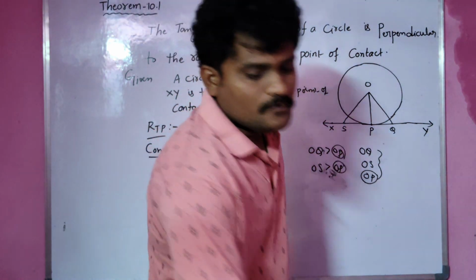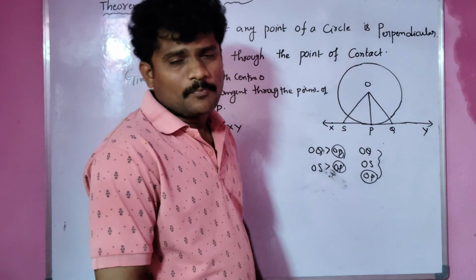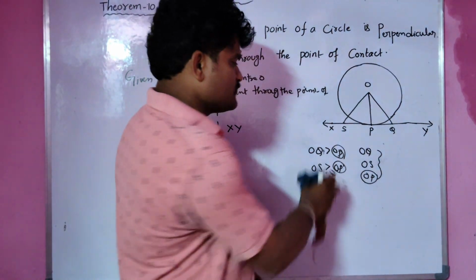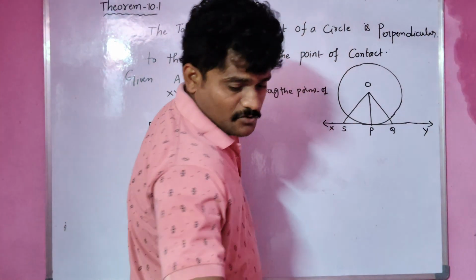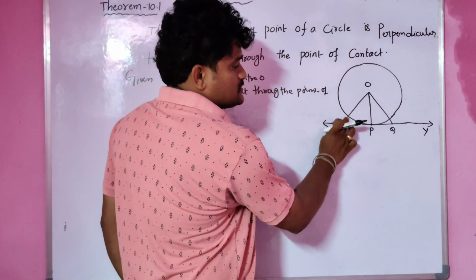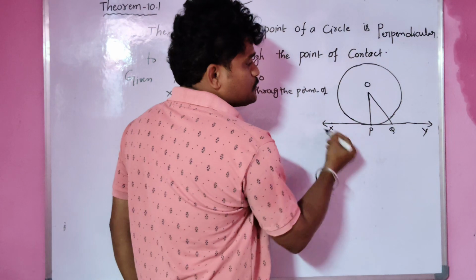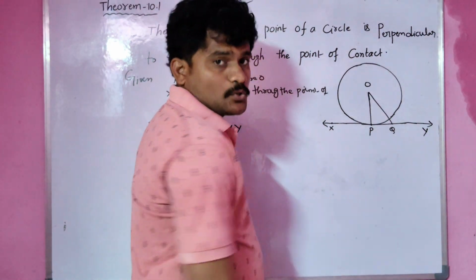But to prove this, we need not take different points. We can take one point on the tangent, which is enough. So I will not take two or three points on the tangent. I will take only one point on the tangent and prove OP is the shortest distance.